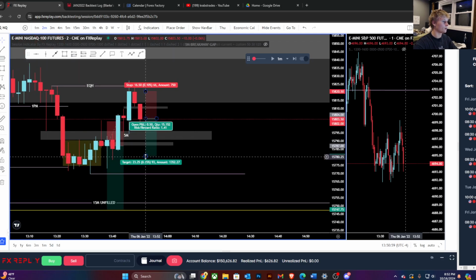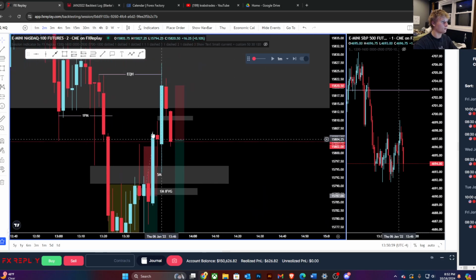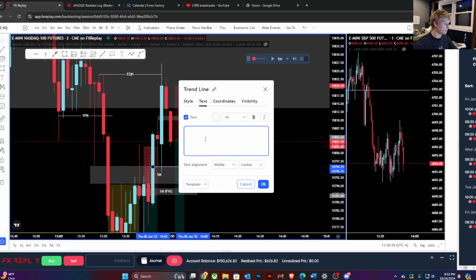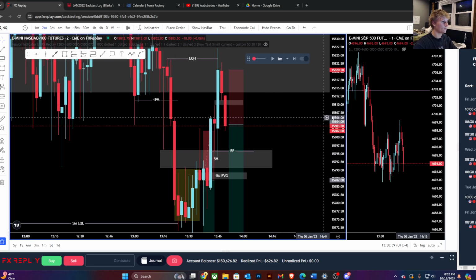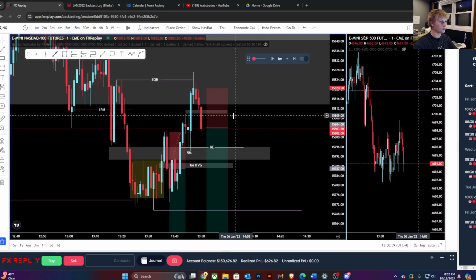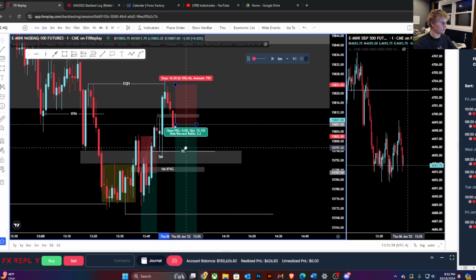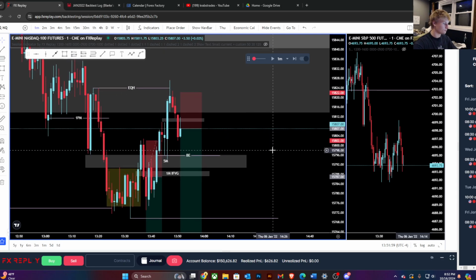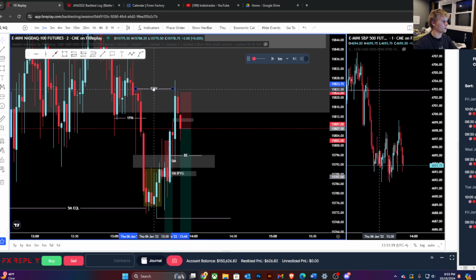So I'll just call it out 1-0 for the day. But yeah, this would have been the re-entry. Break even here. Forward test it. 2-minute inversion. See, there's no entry yet. I mean, this does look clean now.